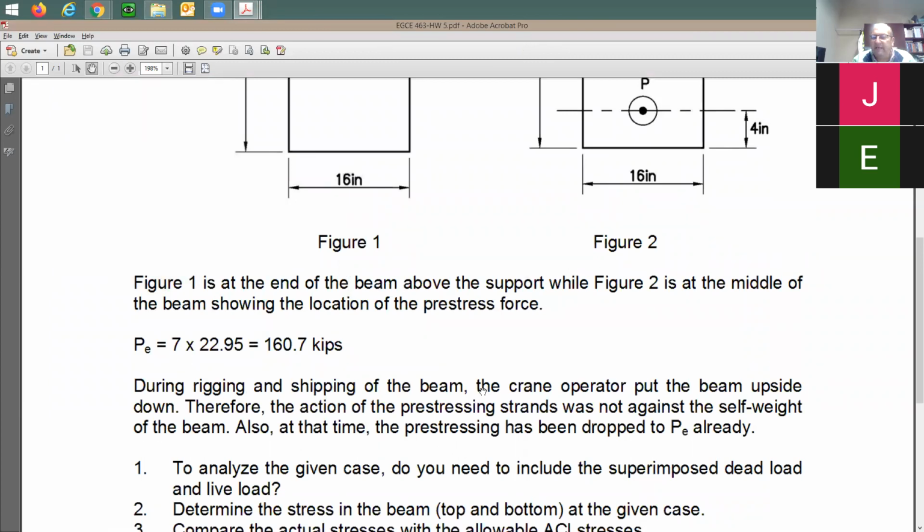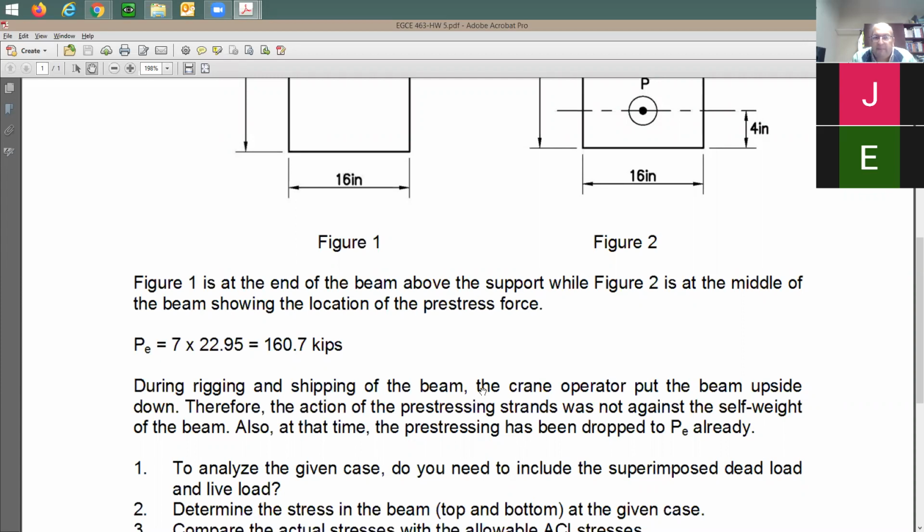Now, was the beam cast yesterday or a week ago, or do we know? Do you have any idea when the pre-stressing took place? Because if someone says 6 months ago, I'm going to say, yeah, now it's going to be at PE, not PI anymore, because the losses have taken place.